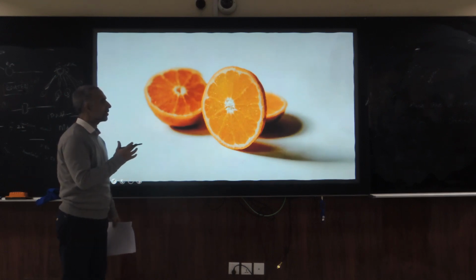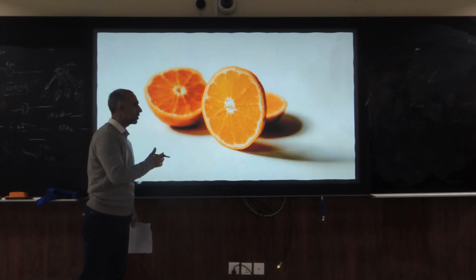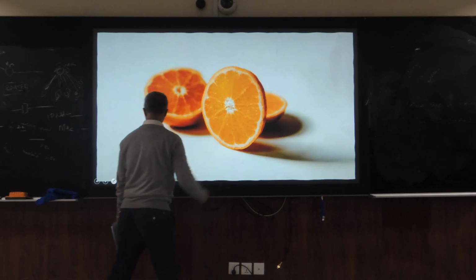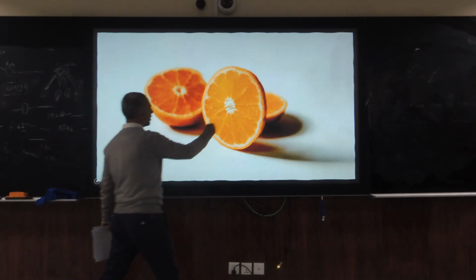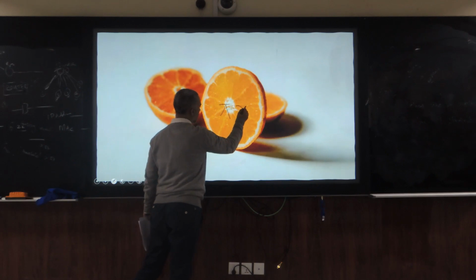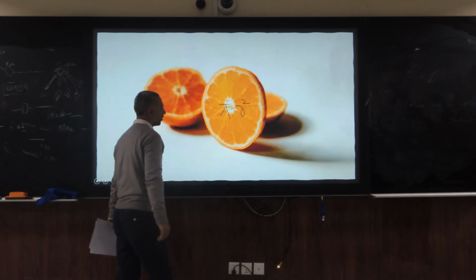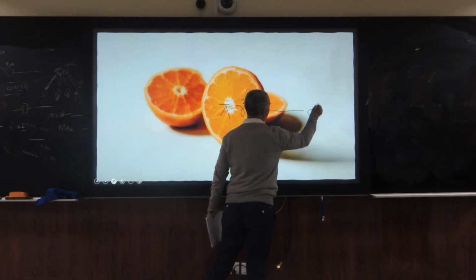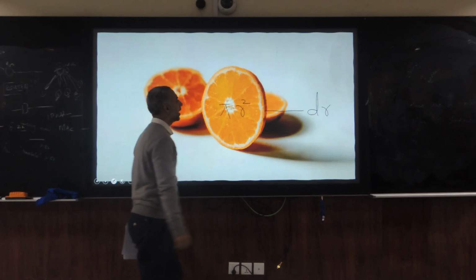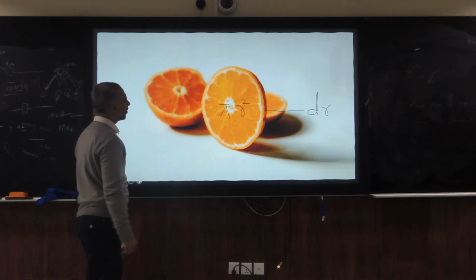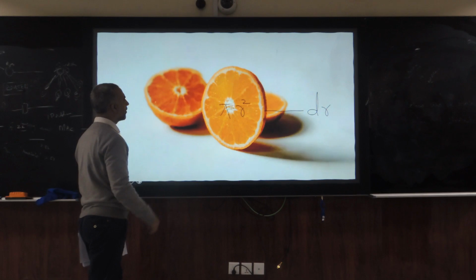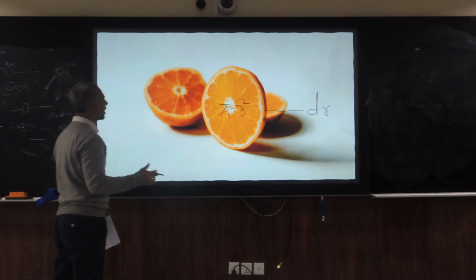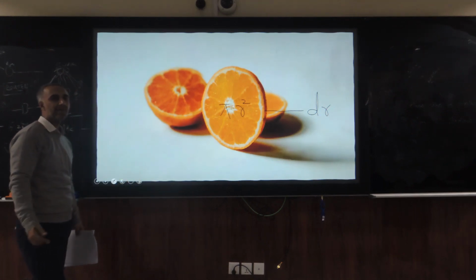In case of the orange, as I said at the start, we slice the orange into many slices, and one slice has a surface area representing its circular region, and its thickness is represented by dr. The volume of this slice is added up with all the other slices, and we can determine the net volume of an orange.